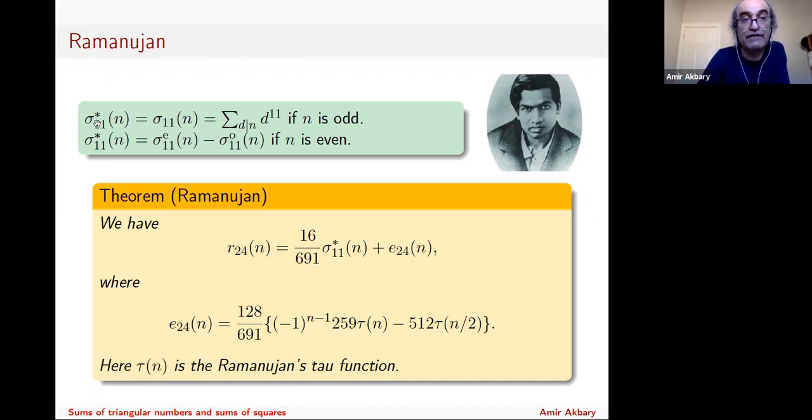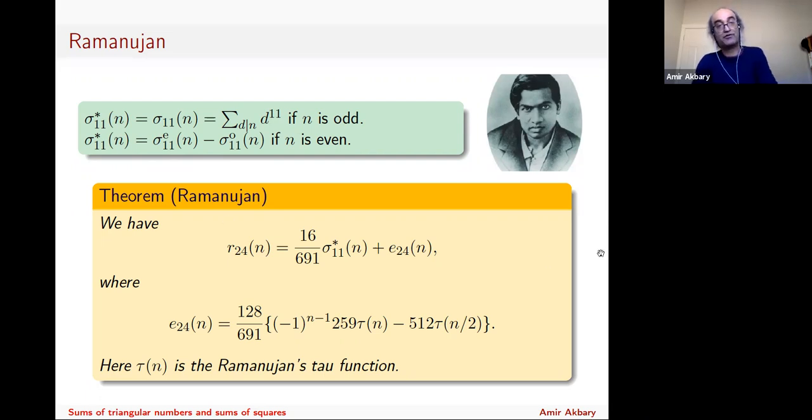And to describe it, I have to introduce this function, sigma 11 star of n, which is going to be, if n is odd, the sum of the 11th powers of the divisors of n. And if n is even, it's going to be the sum of the even divisors of n to the power 11 minus the sum of the odd divisors of n to the power 11.